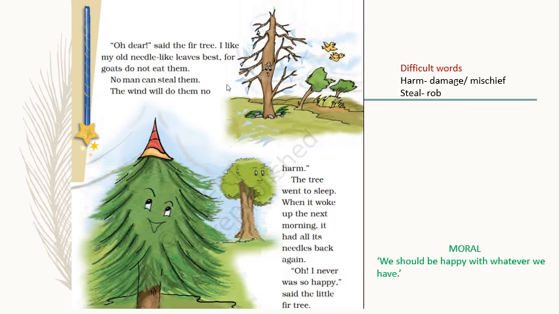If you don't have that, it doesn't mean that whatever you have is not special. The thing that is there with you and the thing that is there with your friend, both are equally important. We should respect, we should love the things the way we have.